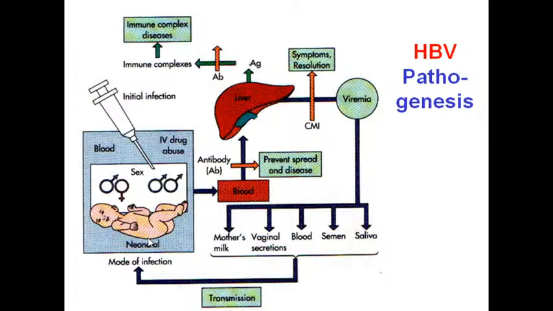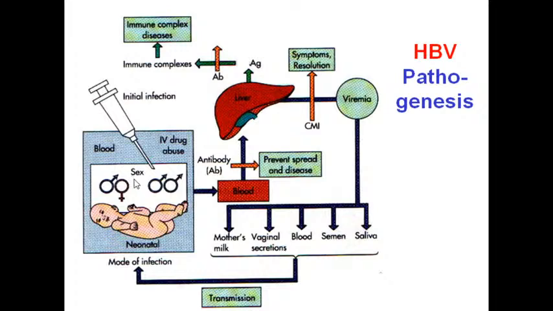Now, pathogenesis of hepatitis B infection. You can see here multiple ways of how the virus may enter the body. First, we can see vertical transmission. So, it can be transmitted to neonates through blood.